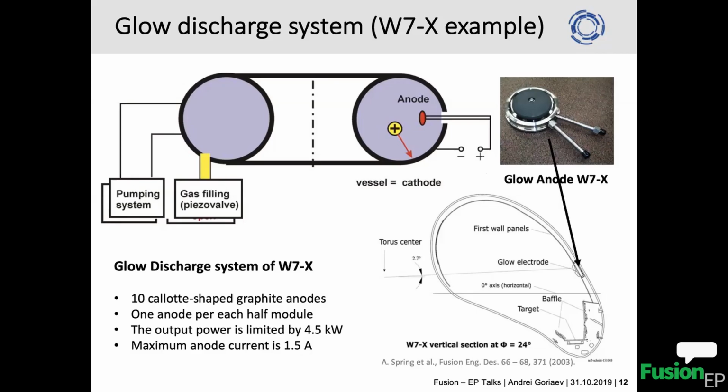In the case of W7X, there are 10 anodes in order to cover the whole vacuum vessel by glow discharge more or less. You can also see some sketches of how the anode is located in the vacuum vessel of W7X, and how an anode usually looks.